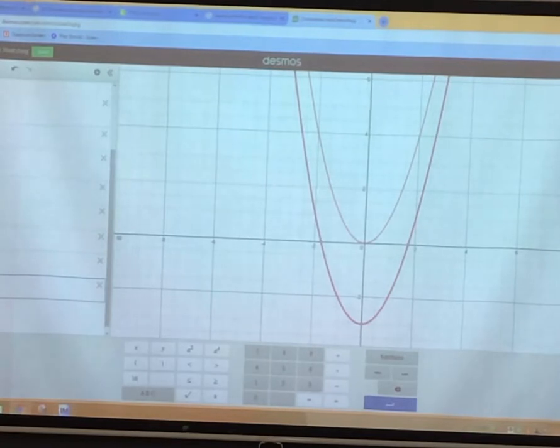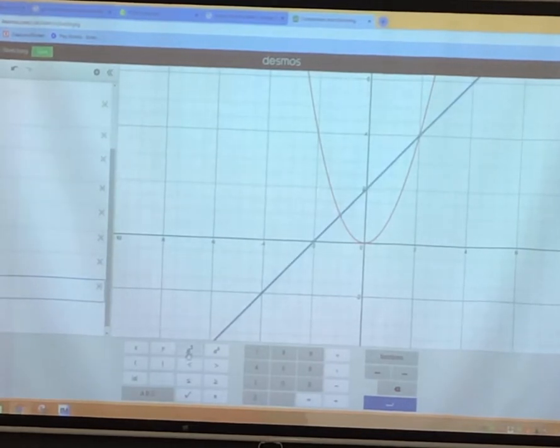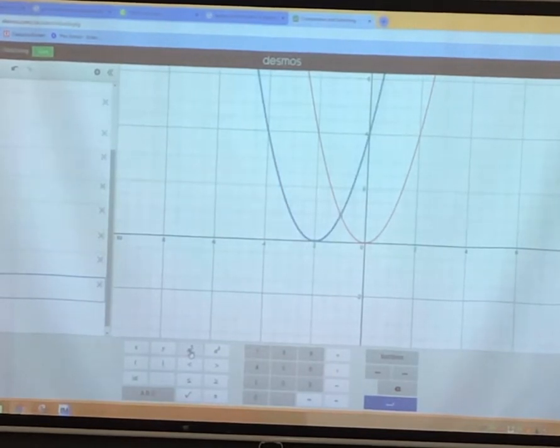Let's just get rid of this curve here. Now let's say y equals, we'll just use the one on your sheet there, y equals (x plus 2) squared in the parentheses. Notice when it's plus 2, it shifts it to the left. And if it would have been minus 2, as you can probably guess, it's going to shift it to the right.